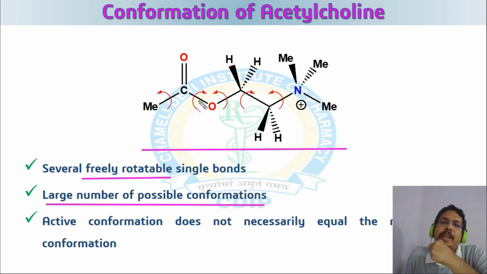Similarly, the angle between carbon and oxygen varies from 0 to 360.